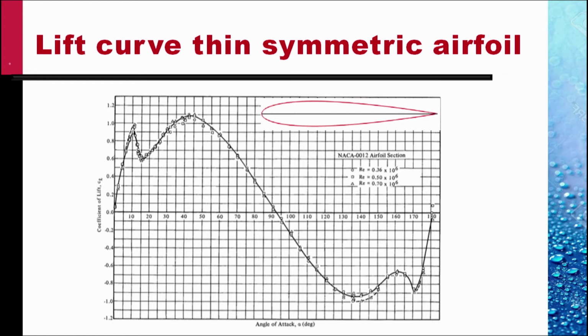You notice that in the beginning, the lift rises very fast with the angle of attack, with the angle of inclination of the aerofoil. This is a very important discovery.